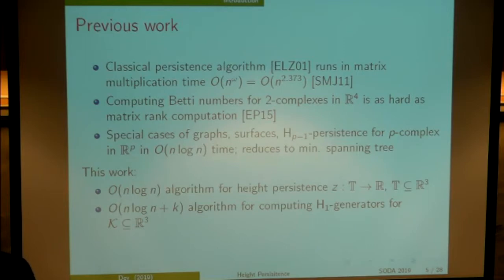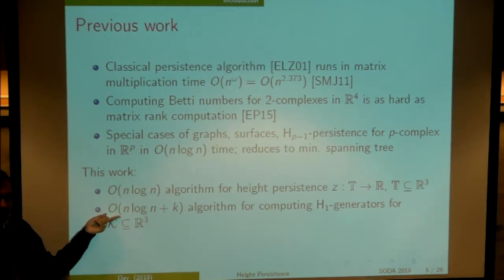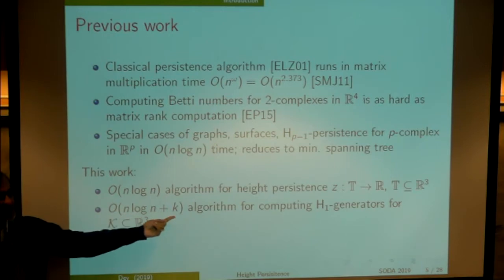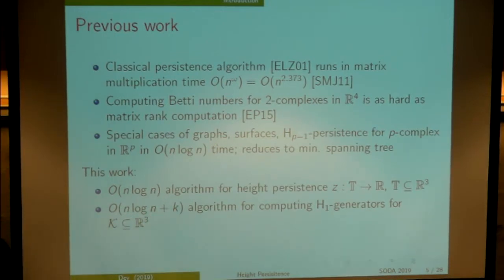That algorithm does not give you the explicit output of generators. Because of this algorithm, I can now compute the generators of any 2-complex in R3 in n log n plus k time, where k is the output size of the generators.